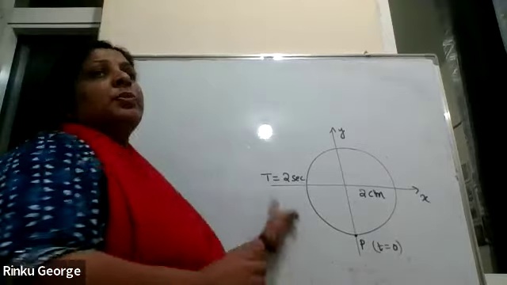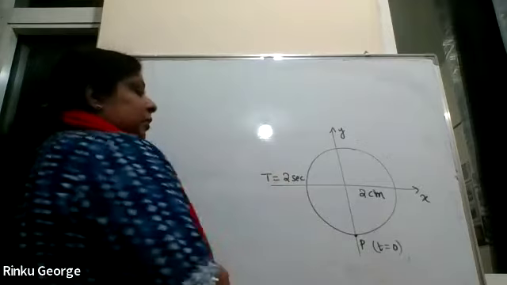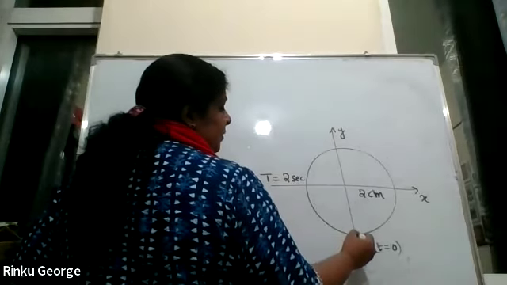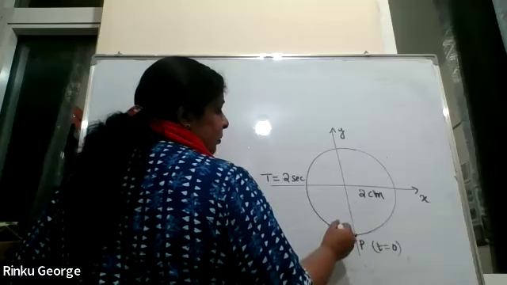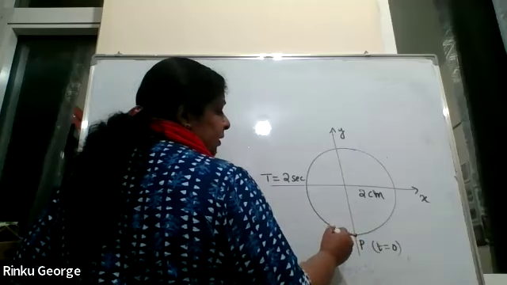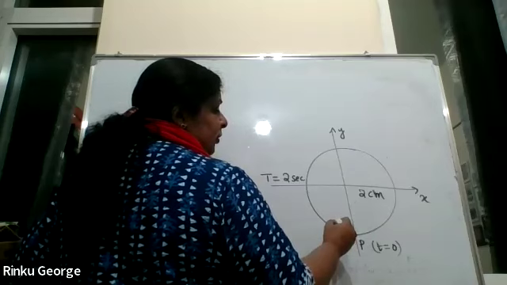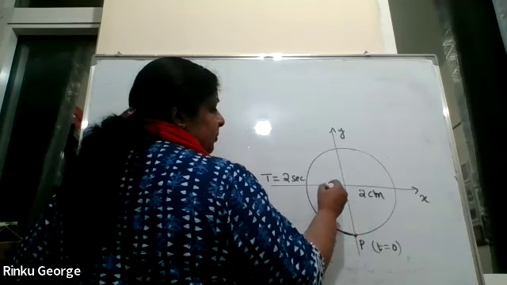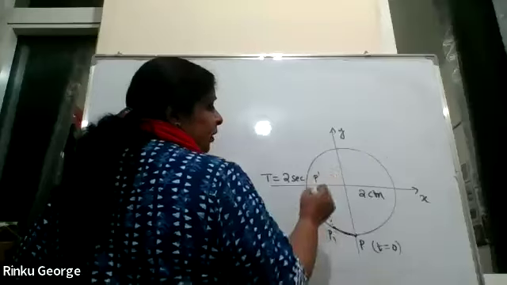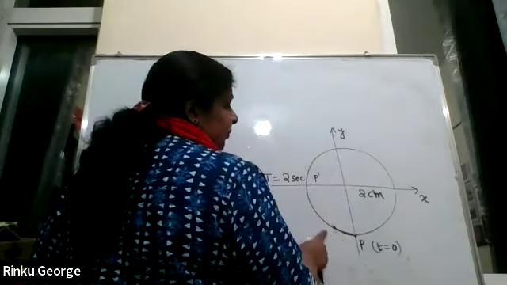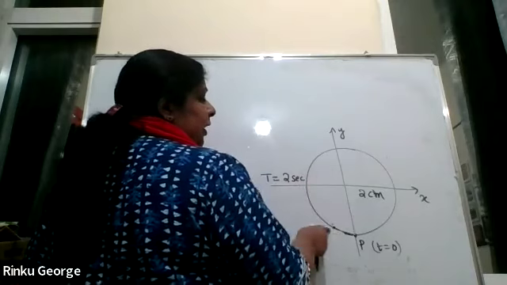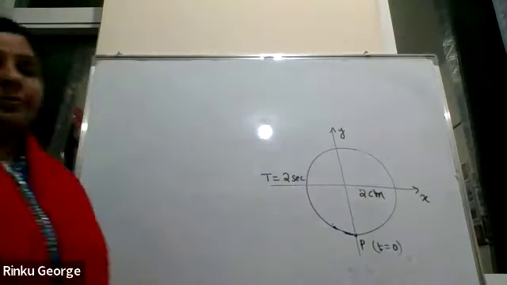So this P is moving in circular motion. Let P1 be the position of that particle. Then its projection will be what? P dash, right? Did you draw the diagram? No. A diagram is given. This much is given, okay. The question is based on this diagram.